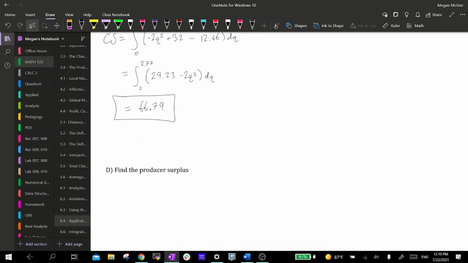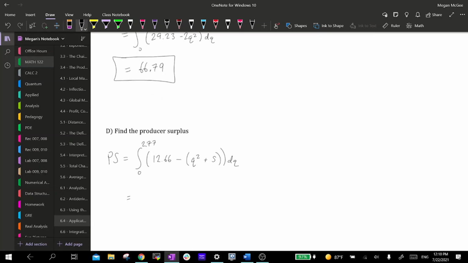And then our producer surplus is our integral, still from 0 up to 2.77, but it's the area under our horizontal line. So we start at 12.66, and then we subtract our supply function, which is Q squared plus 5, dQ.